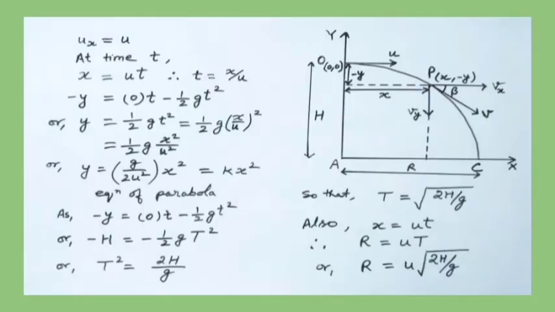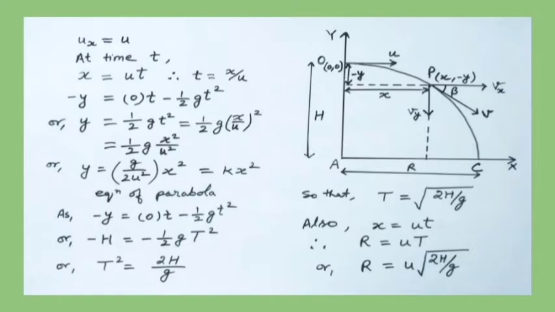Now consider another situation of projectile motion, when the projectile is projected horizontally from a point which is at some height above the ground. As shown in the diagram, let the projectile be projected horizontally with initial velocity u from point O with 0, 0 coordinates.